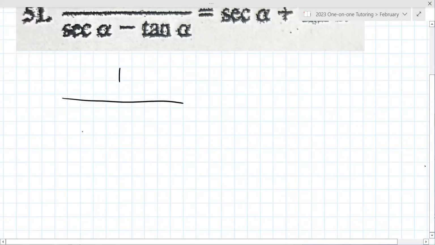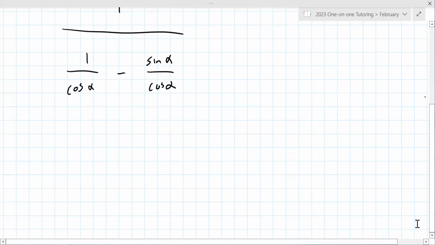1 over cosine alpha minus sine alpha over cosine alpha. Okay, now what? You have to combine them.